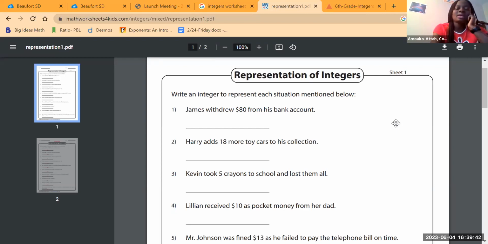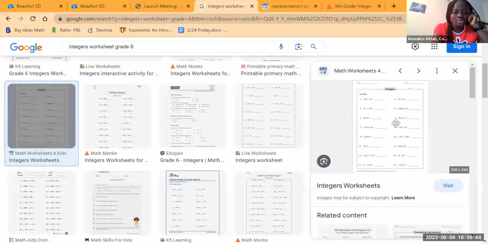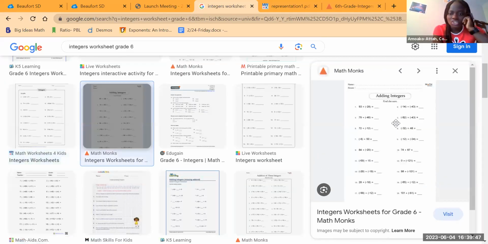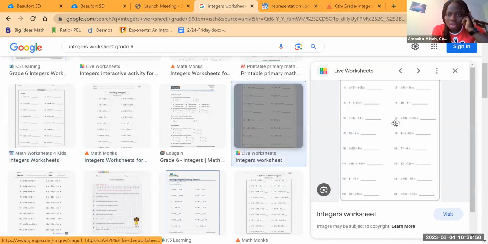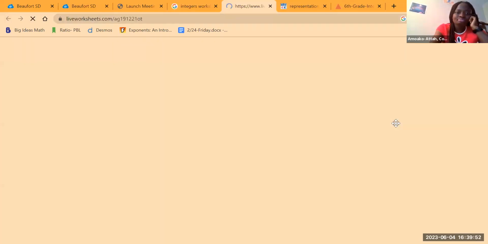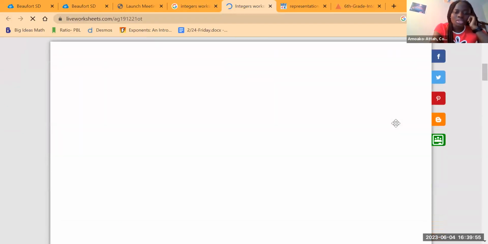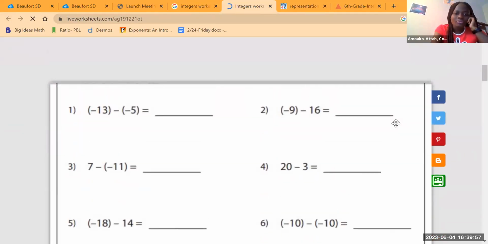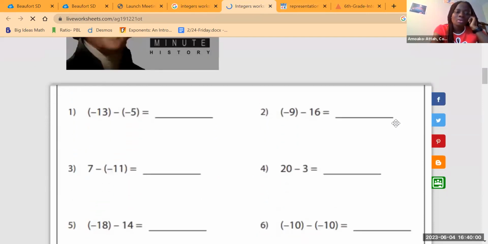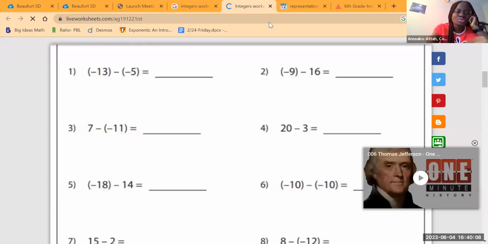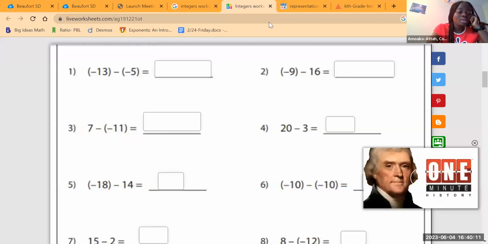So now let's see and solve 1 or 2 examples under addition and subtraction of integers. I'll take you through 1 or 2 examples, and I believe you would also practice more on your own.